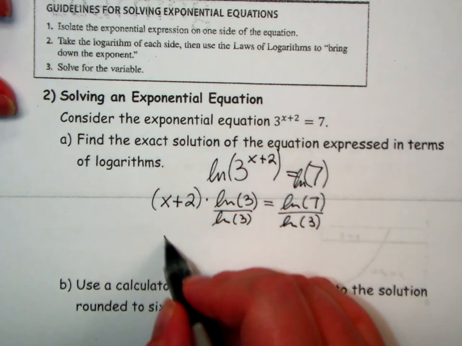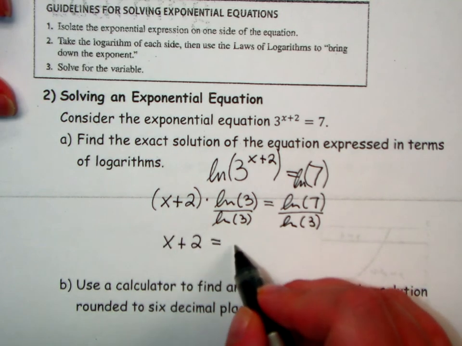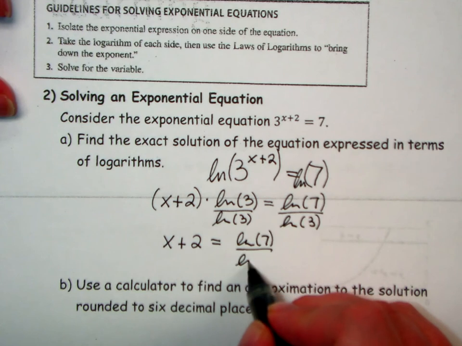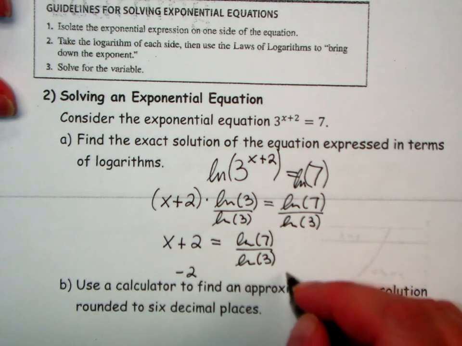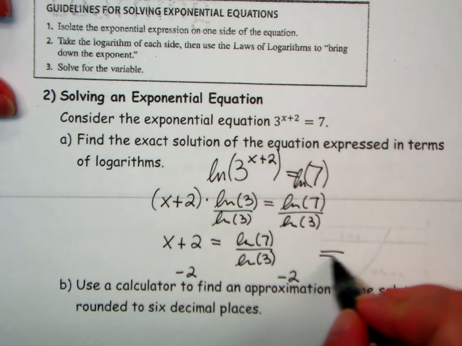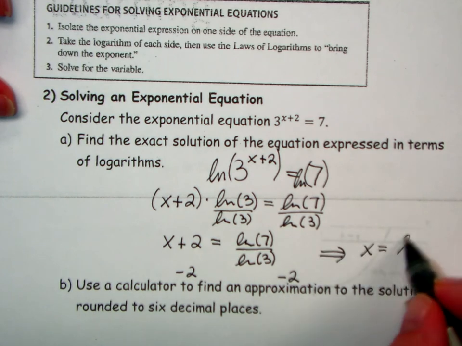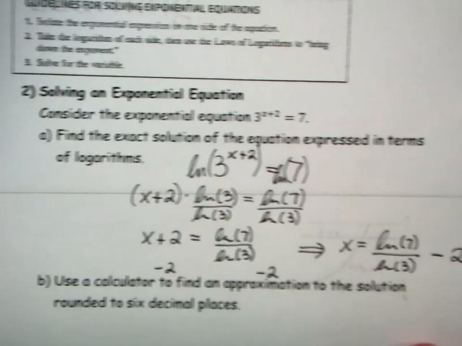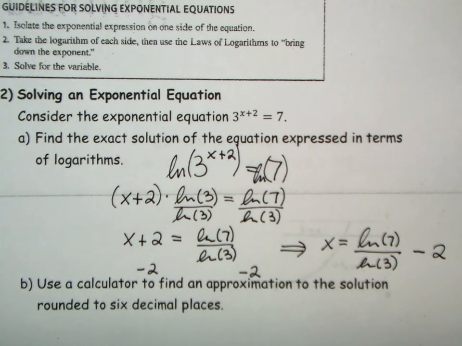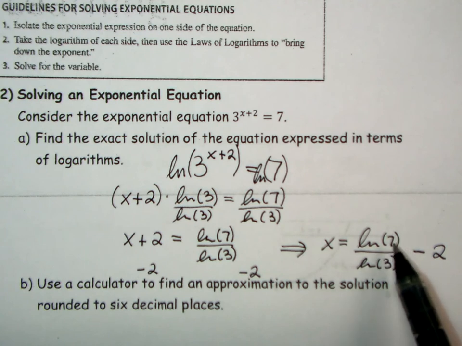Now I have x plus 2 equals ln of 7 divided by ln of 3. Then I subtract 2 from both sides, so x equals ln of 7 divided by ln of 3, minus 2. That's my exact solution. We can't simplify this, because we can only combine logs if the arguments are being divided, not if the ln's are being divided.